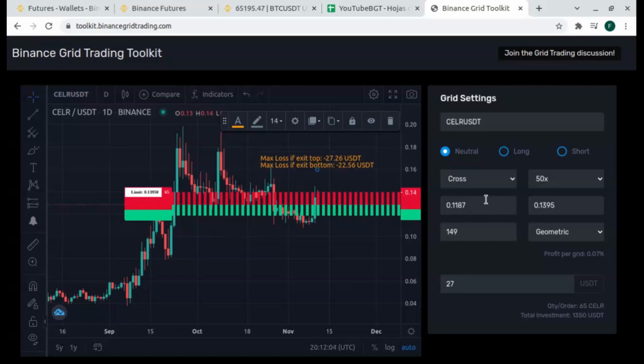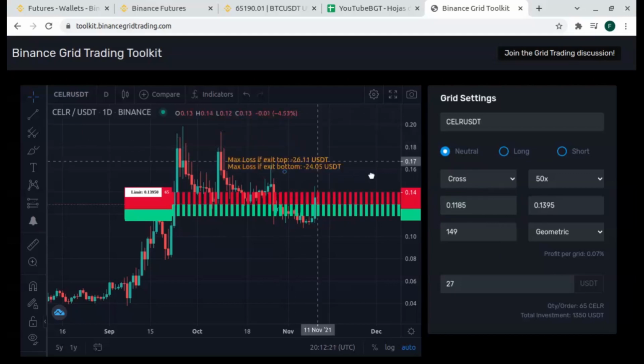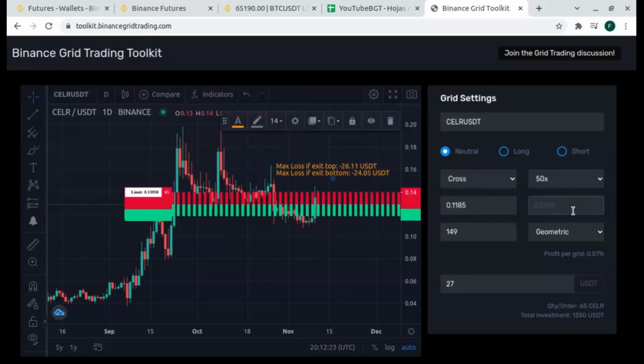So let's adjust these numbers. We can use this for the bottom, and for the top price I'm going to do a bit less.